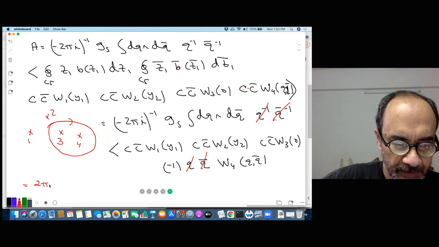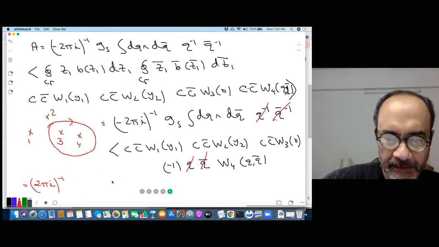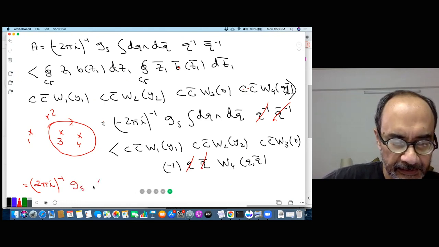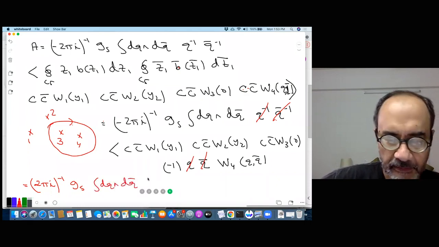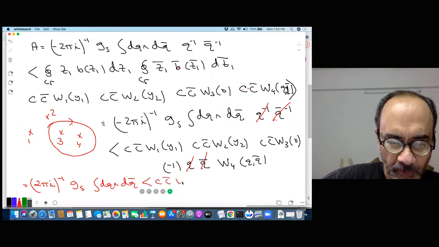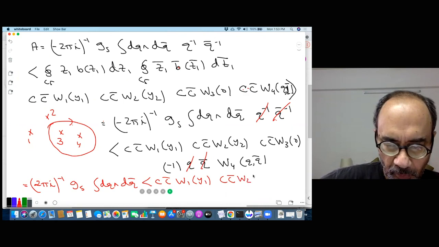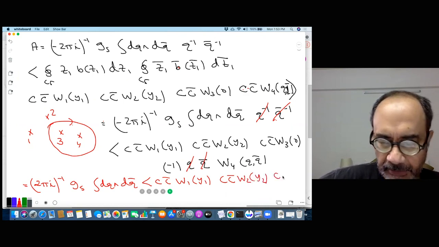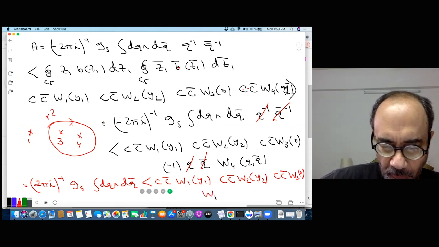Ultimately, you are left with 2 pi i inverse, this minus sign cancels this minus sign, gs times integral dq wedge dq bar, cc bar W1 of Y1, cc bar W2 of Y2, cc bar W3 of 0, and W4 of Q, Q bar.